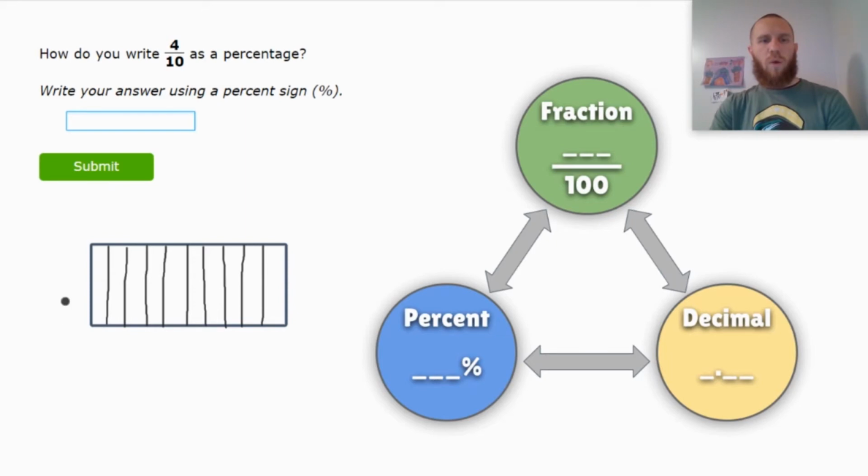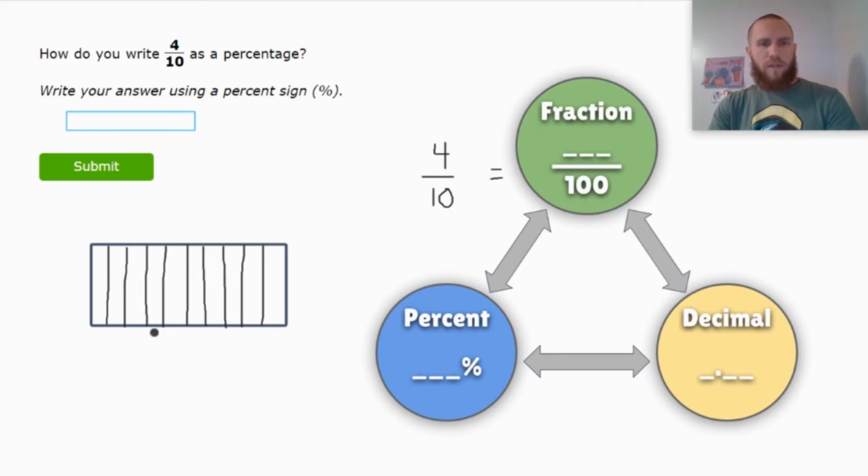So I cut this one whole into tenths because that's what the fraction is cut into, so it's tenths. Now I can't even put a fraction here yet because I need to find out what the equivalent fraction is over 100. So if I have tenths here, and I know that 4/10 is going to be equal to this, I have to figure out what is 4/10 equal to over 100.